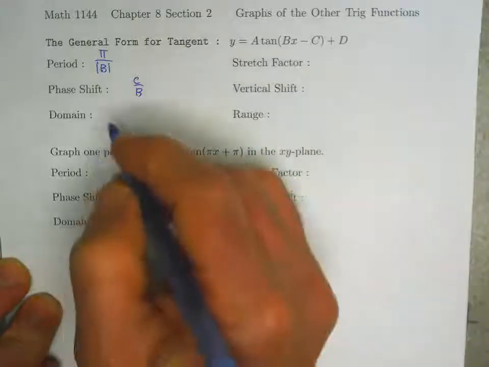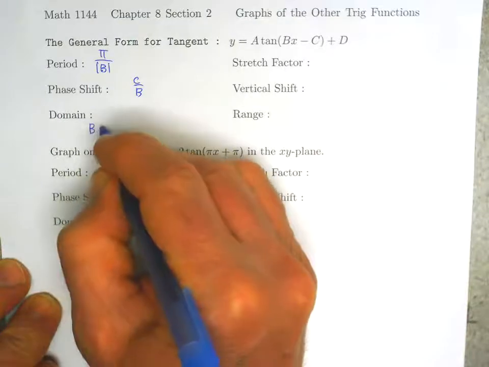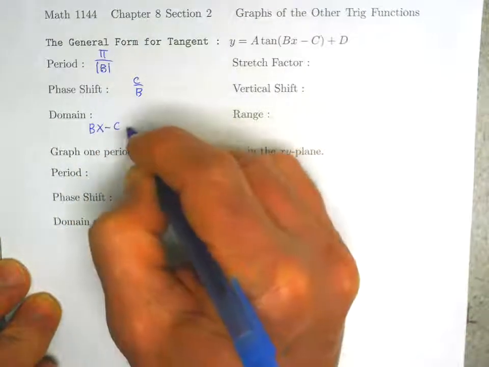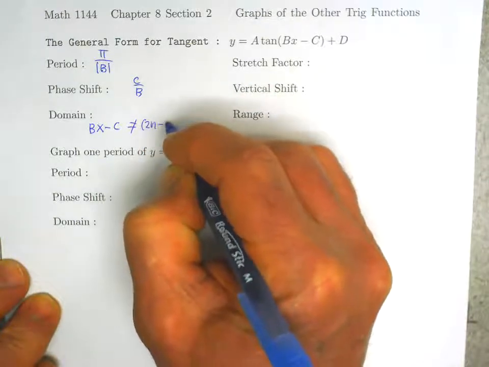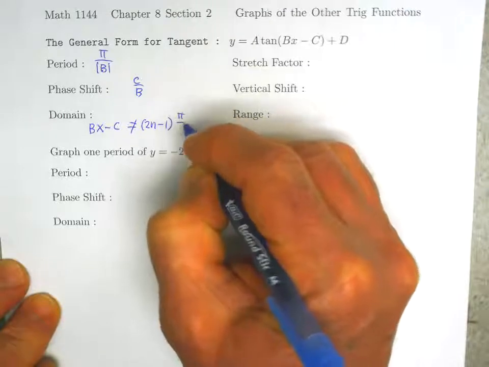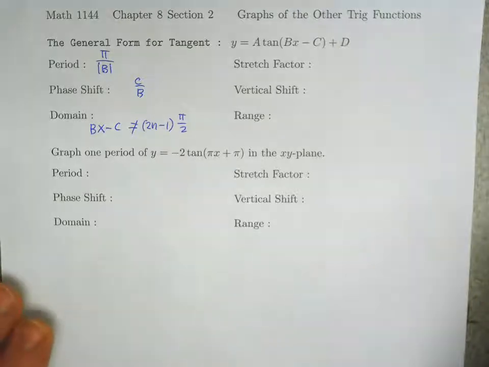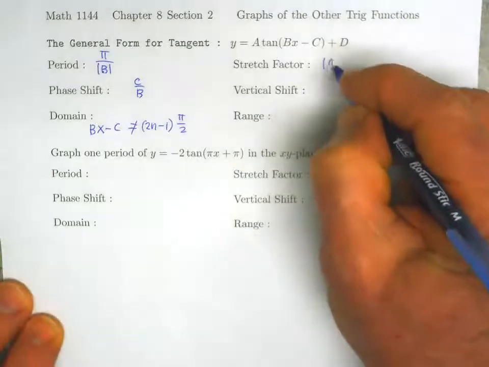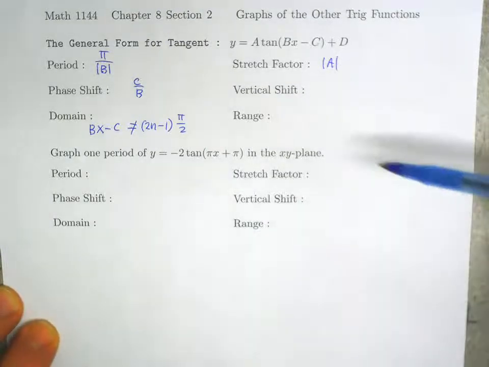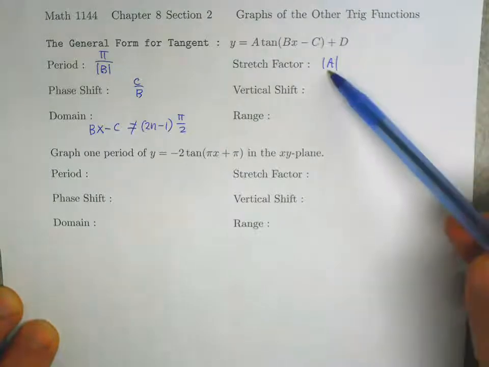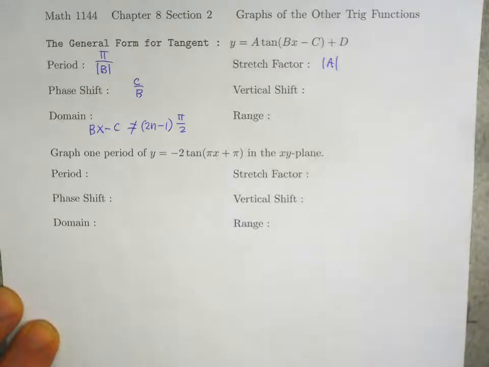So on here, I'll just say the domain is bx minus c does not equal an odd multiple of pi over 2. The stretch factor is the absolute value of a. If this number is greater than 1, then it stretches the graph vertically. If the absolute value is between 0 and 1, then it compresses the graph vertically.